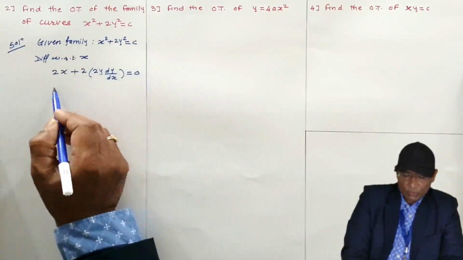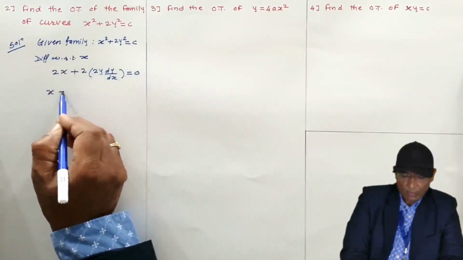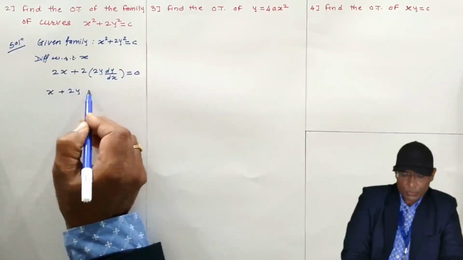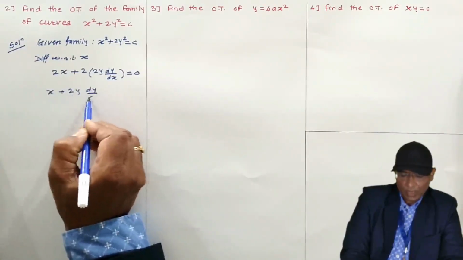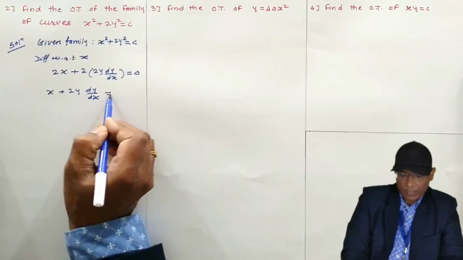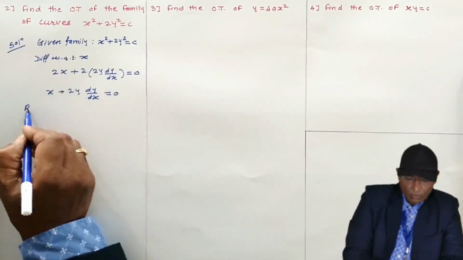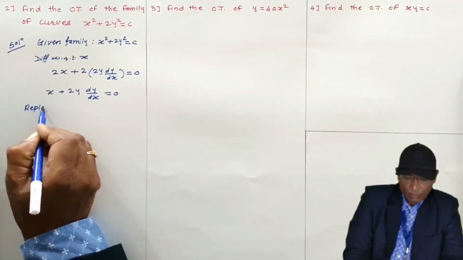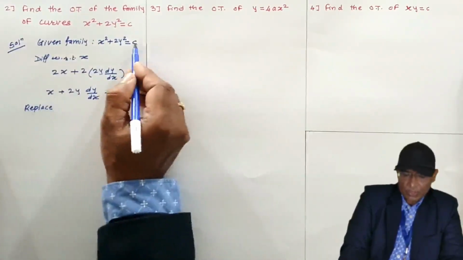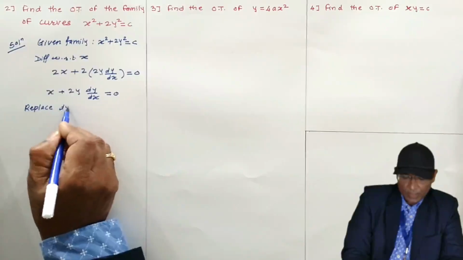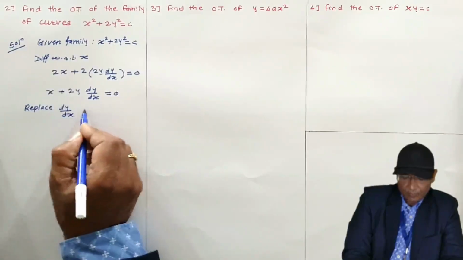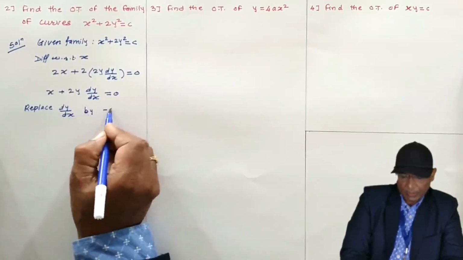Now you can solve this for one more step. I am dividing it by 2 because 2 is common. I am going to simplify this like this. I have divided it by 2. Now, after removal of the integration constant or arbitrary constant, replace dy by dx by minus dx by dy.